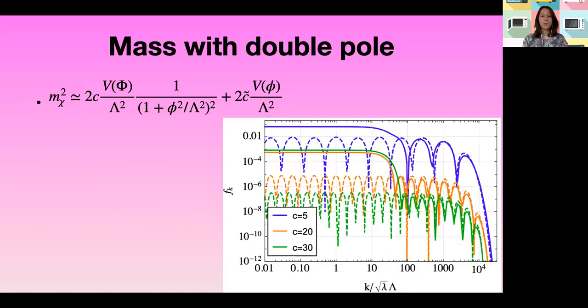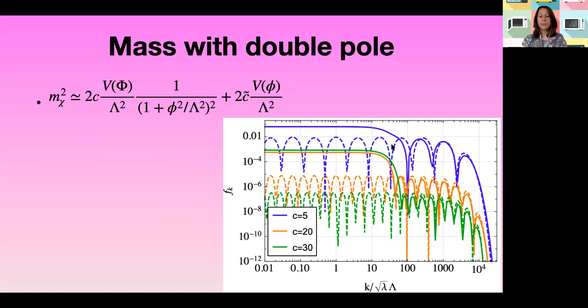The second example is a mass with a double pole, as demonstrated here. Again, the dashed line shows the semi-analytical approximation, and the solid line shows the numerical solution to the mode equations. In this case, again, there's a very good overlap between the two for the large momenta, but for smaller momenta, there's actually a discrepancy.